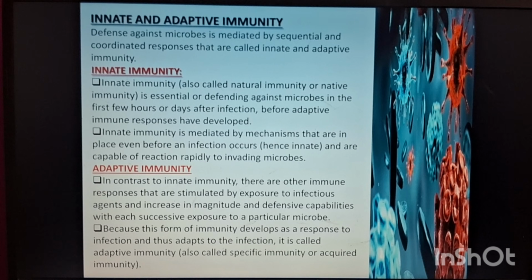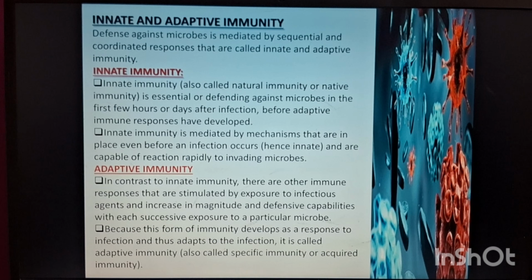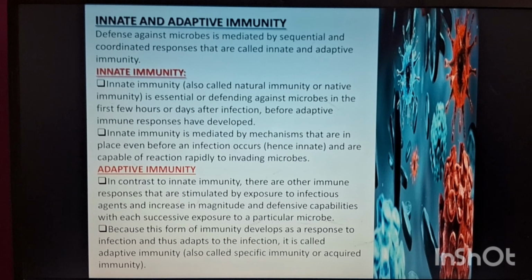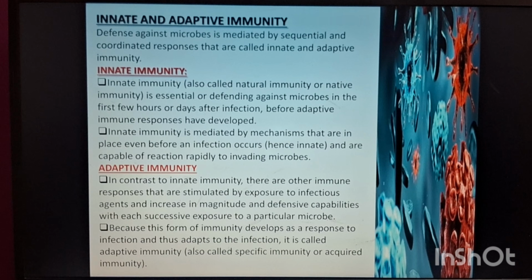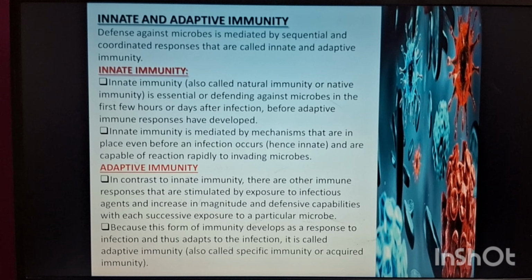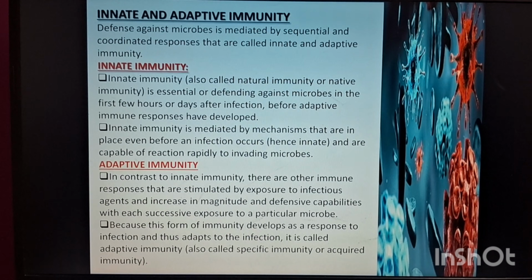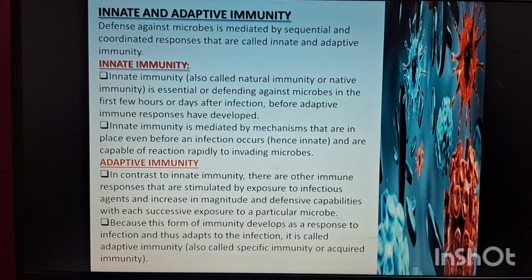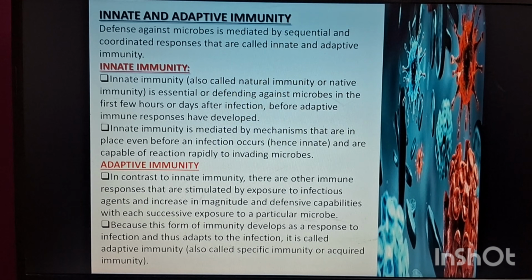Next, adaptive immunity. In contrast to innate immunity, there are other immune responses that are stimulated by exposure to infectious agents and increase in magnitude and defense capabilities with each successive exposure to a particular microbe.